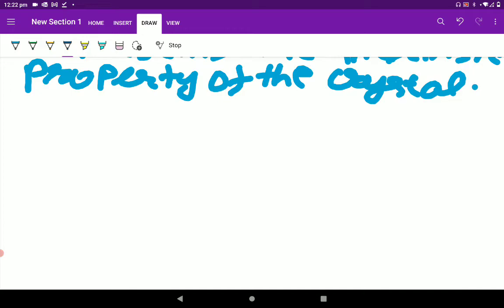Intrinsic property of the crystal means how a crystal responds to the stimulus.